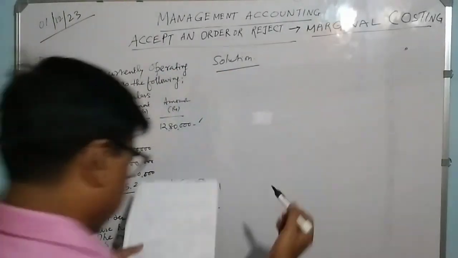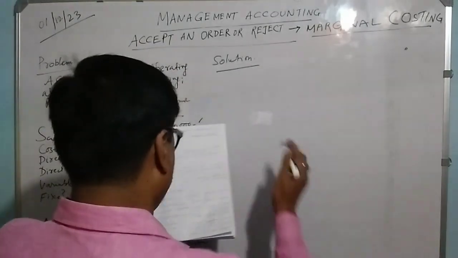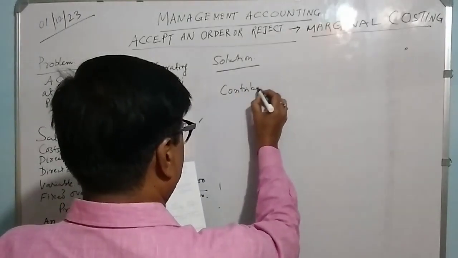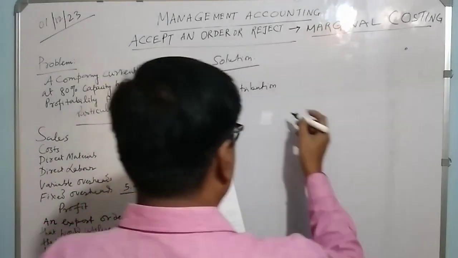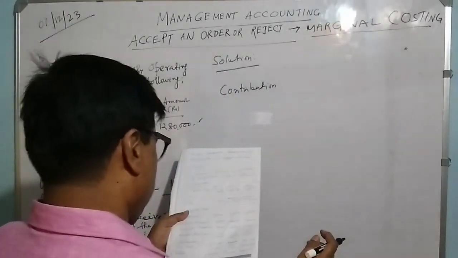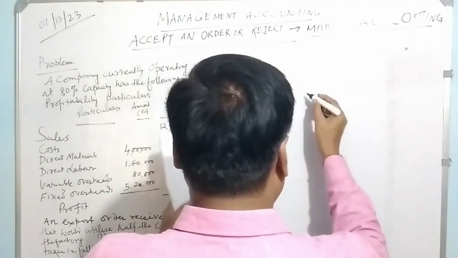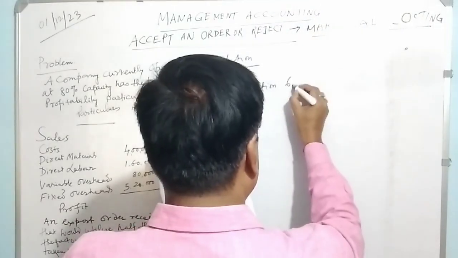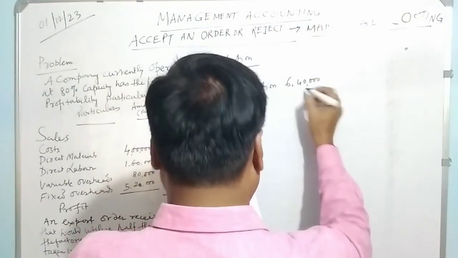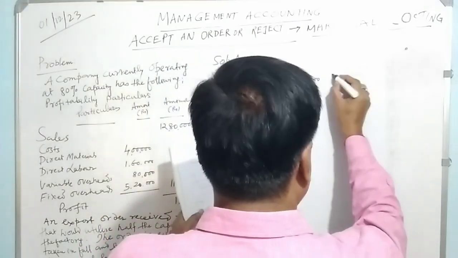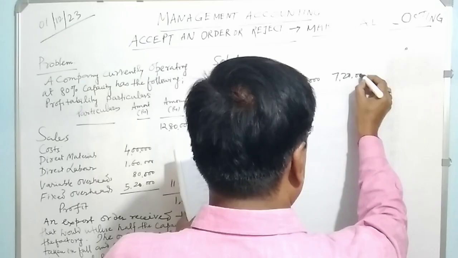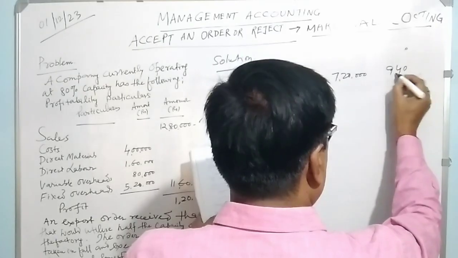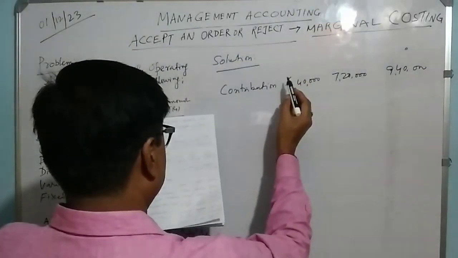Your total cost we have given, then we will be seeing the contribution. As you know, sales minus variable costs equals contribution: 6,40,000, 7,20,000 and 9,40,000. You see how we got that 6,40,000?